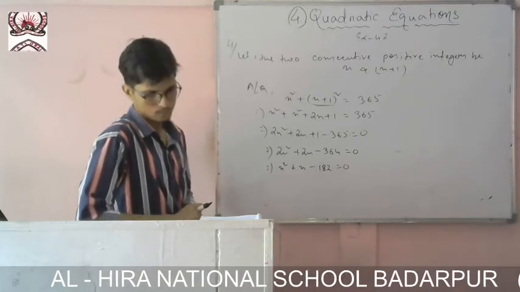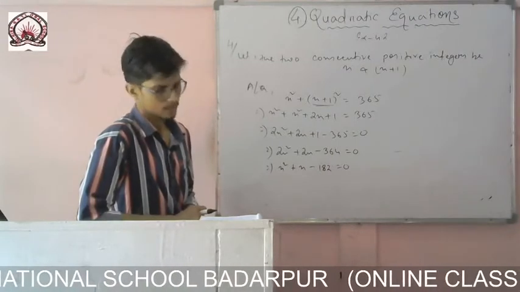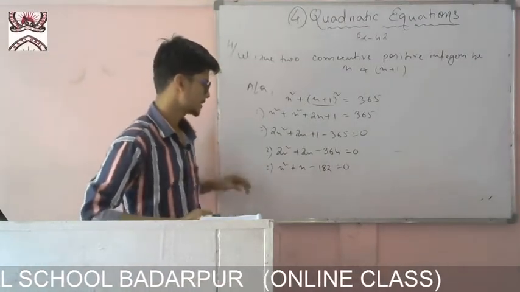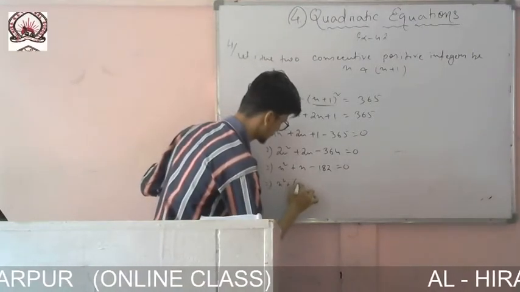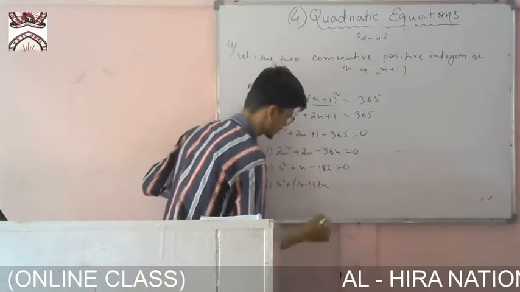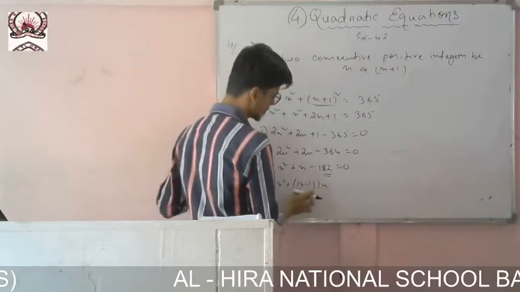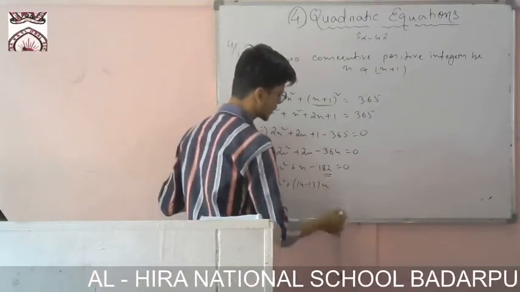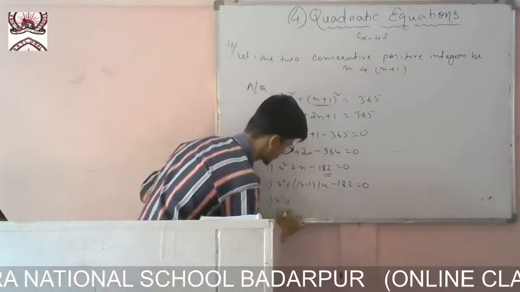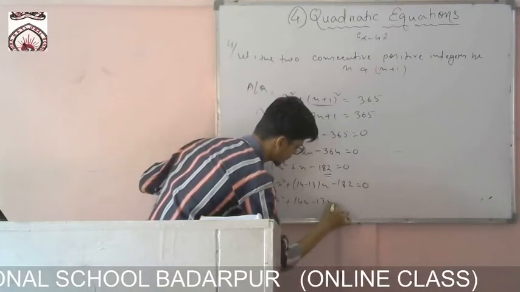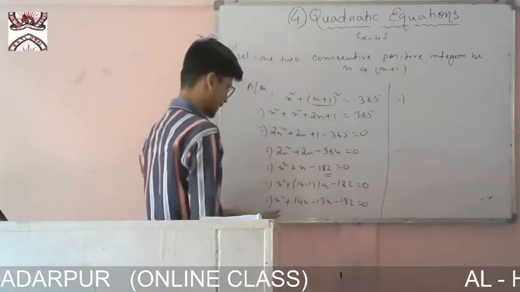Earlier also we have done, 182 was 13 into 14, no? So yes, x square plus 14x minus 13x. Earlier we have done this, 182 we wrote as 14 into 13, so they are also the same. 14 minus 13 gives only 1. So minus 182 equals 0. So x square plus 14x minus 13x minus 182 equals 0.